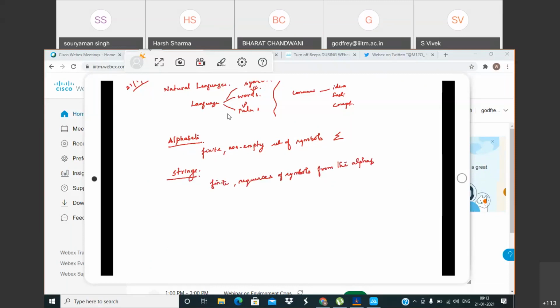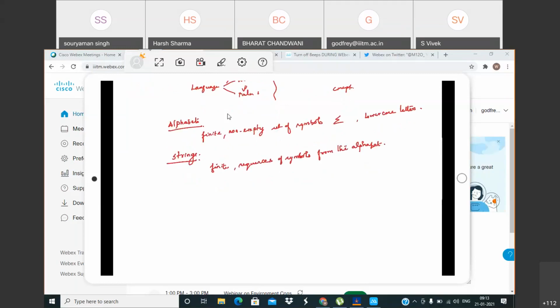Normally in an alphabet you use lowercase letters. Using these lowercase letters, you form a string.